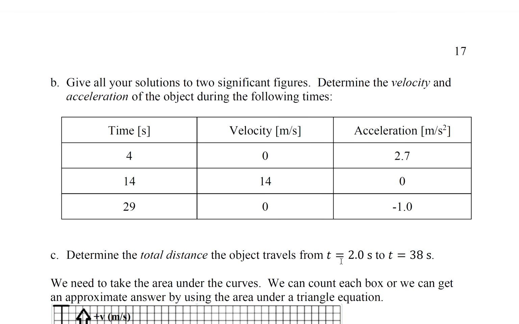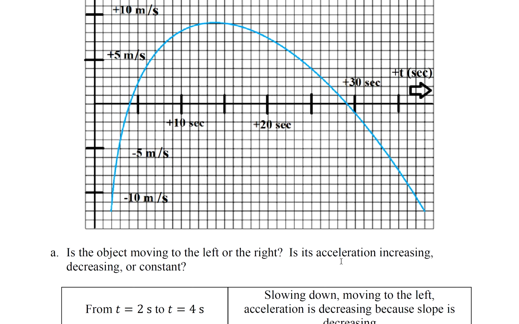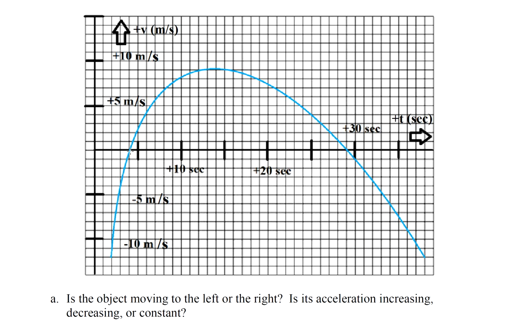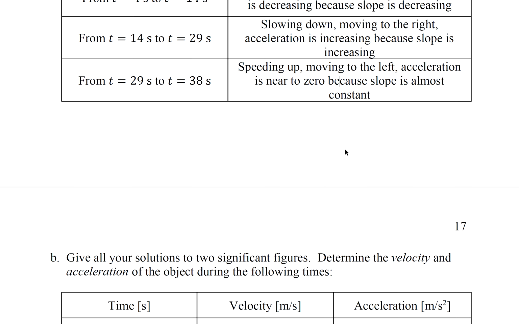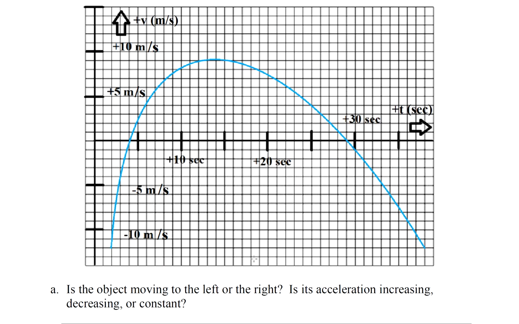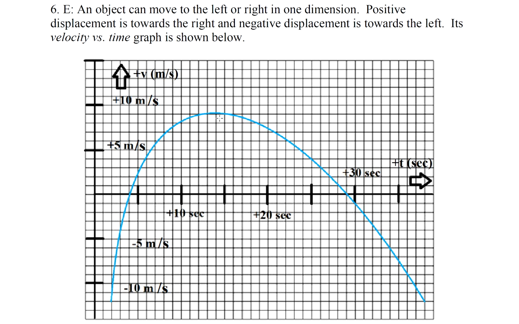Part B, determine the velocity and acceleration of the object during the following times. Remember, the velocity you could just read from the graph, and the acceleration you could just take the slope. So at 4 seconds, the velocity is 0. At 29 seconds, the velocity is 0. And at 14 seconds, the velocity is about 9.